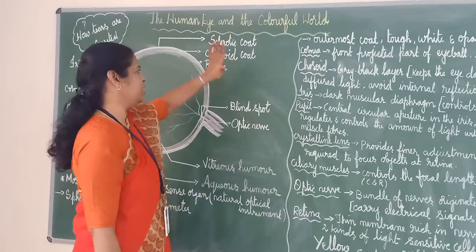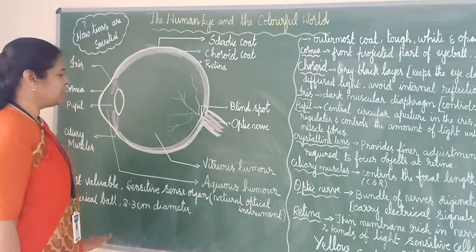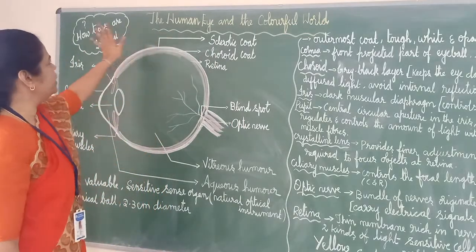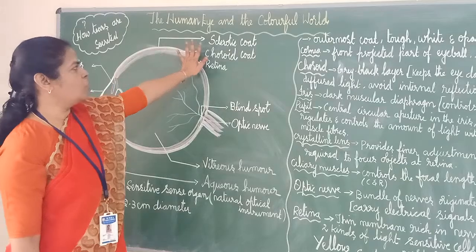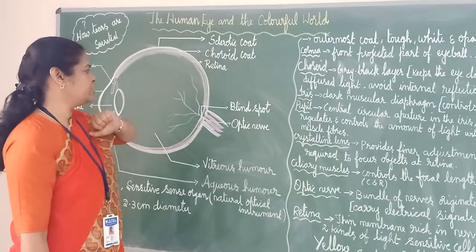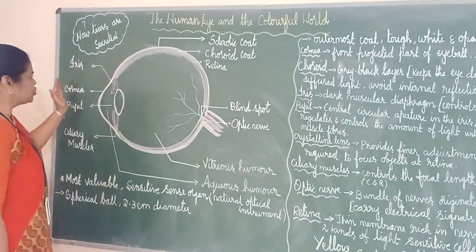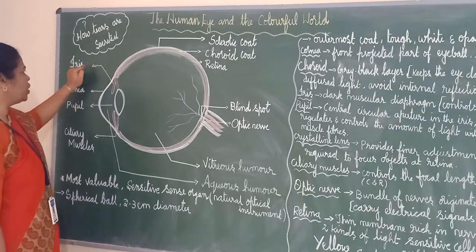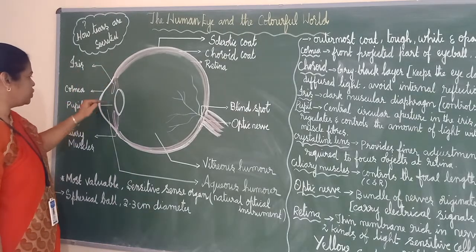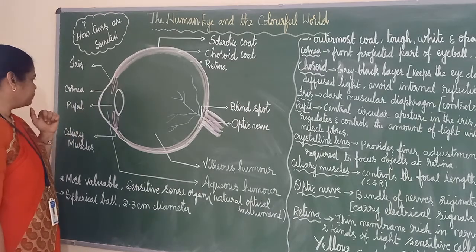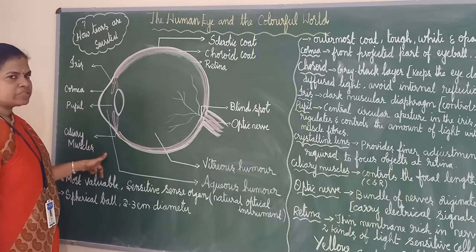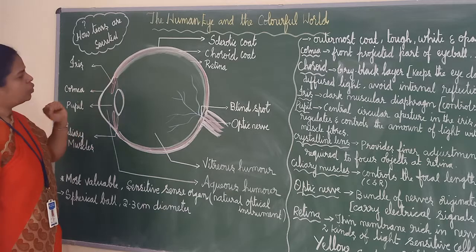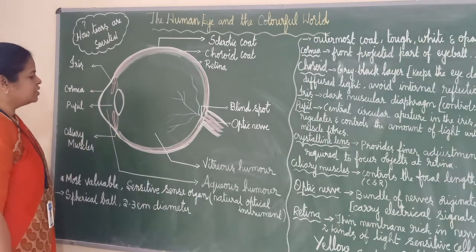It's clear, I think, the structure. This is very important. The external structures: sclerotic coat, choroid coat and retina. The bulged portion is called the cornea. This extension leads to the iris, and the gap in between is called the pupil. Then the ciliary muscles will hold the crystalline lens.